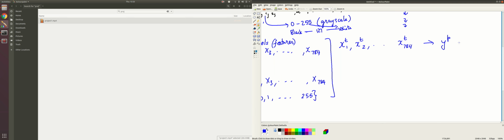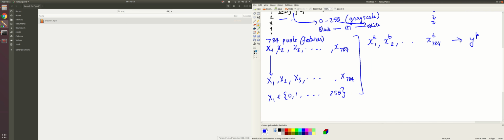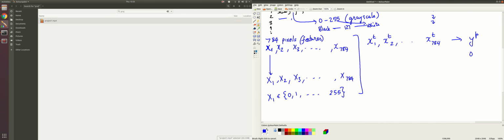Okay, so I told you that the first value takes a value between 0 to 25. So that means 0, 1, 2, 3. So you have to predict basically one of these values. 0 means this is a, this is b, 25 is z. Okay, so you are supposed to look at a particular set of values and predict what the label should be.